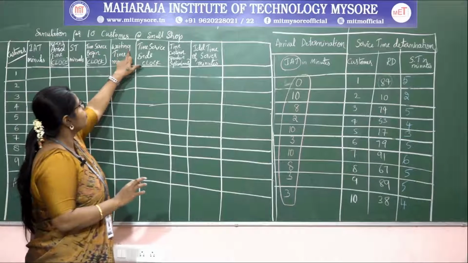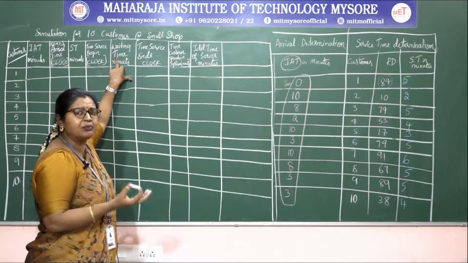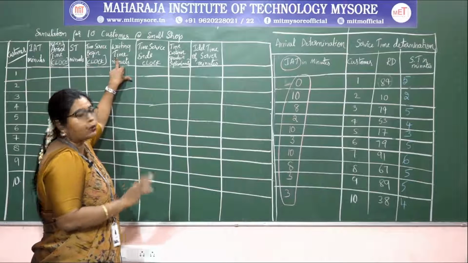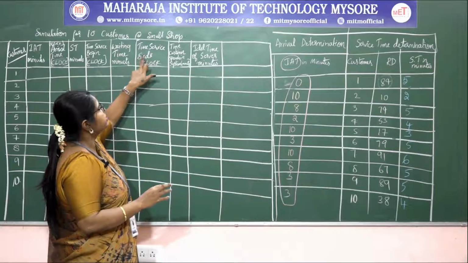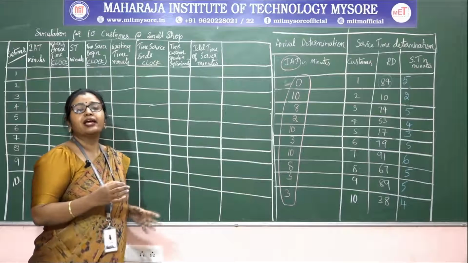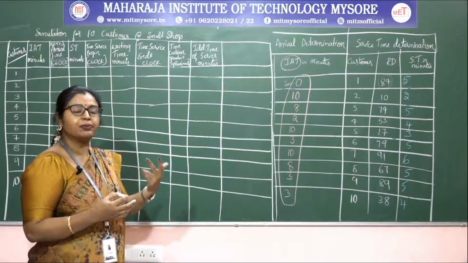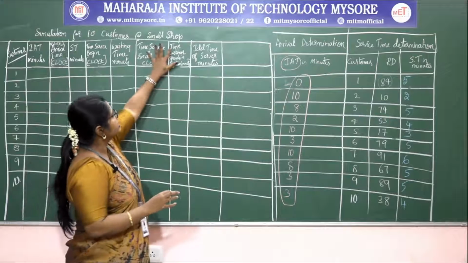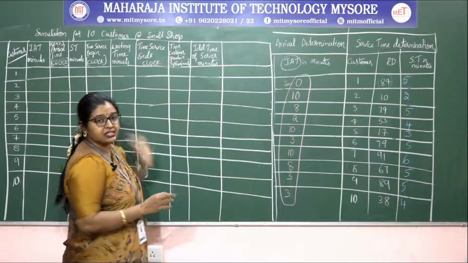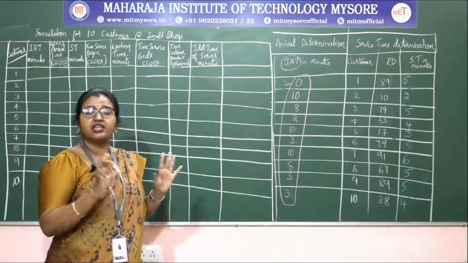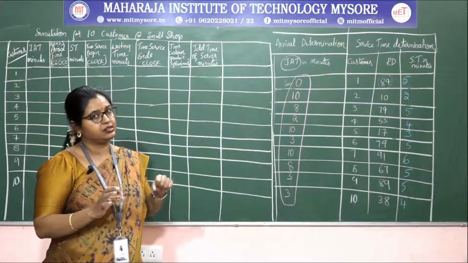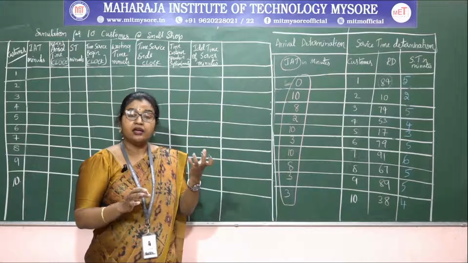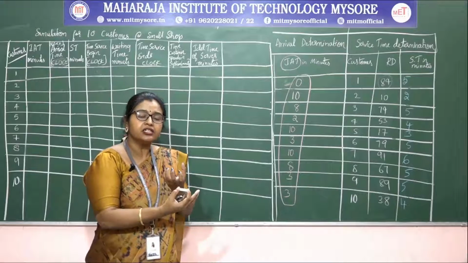Next is waiting time, which means how much time the customer is going to wait to get his service. Then service end time, which is at what time the customer completes his work and goes out of the system. Next is time customer spent in the system, that is how much time he has taken for service, plus, if he has waited, for how many minutes he has waited.